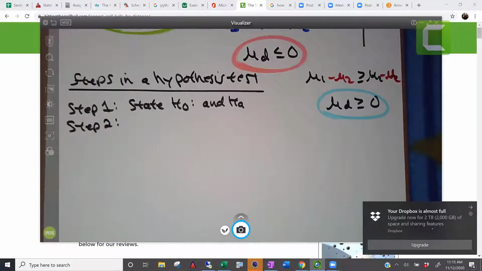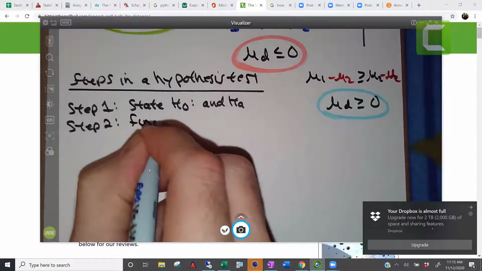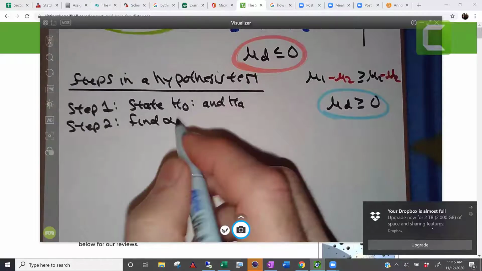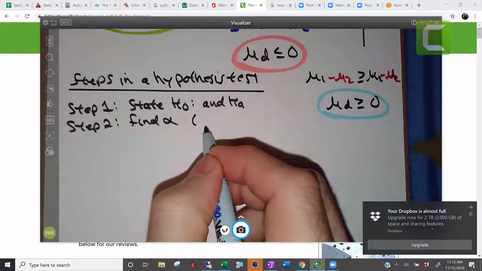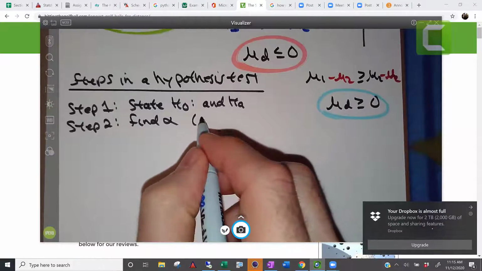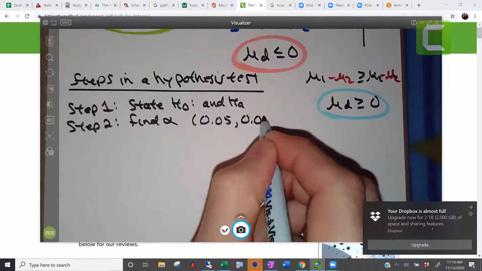Second step. Find alpha. Generally, that's given to you in a problem. If it's not, what are the typical values for alpha that we just assume? What are the ones that we've worked with most often? 0.05. Yeah, 0.05 and 0.01.